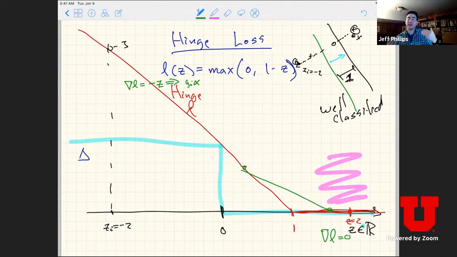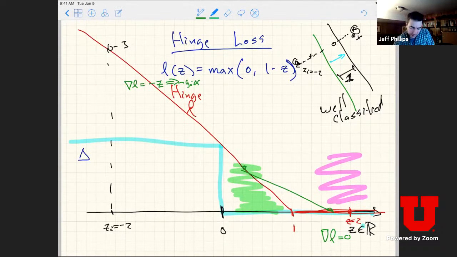So if yi is negative, it's going to be pushing the alphas to be bigger, and if it's positive, it's going to be pushing them in the other way. And that's going to be true in this middle region as well. This middle region is still going to be pushing them away from the classifier.